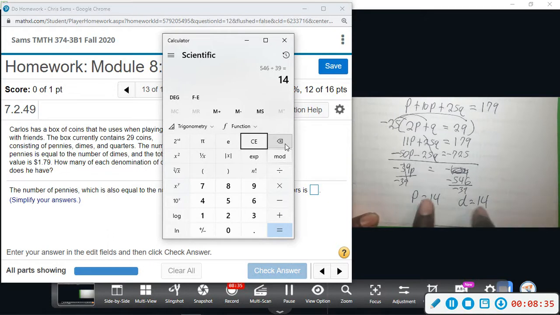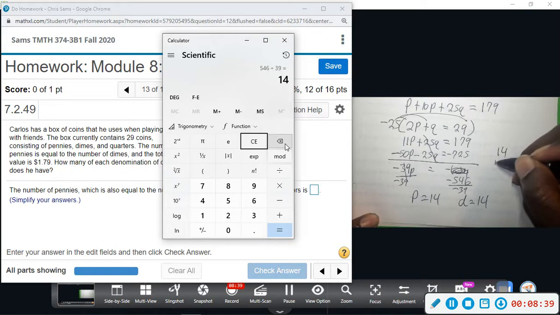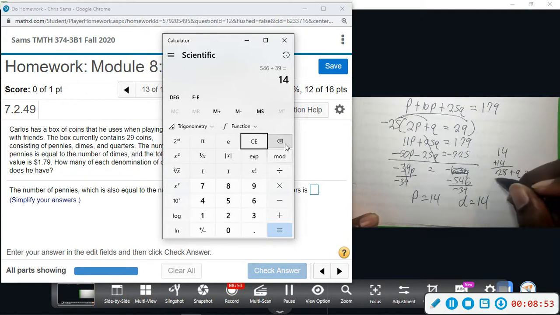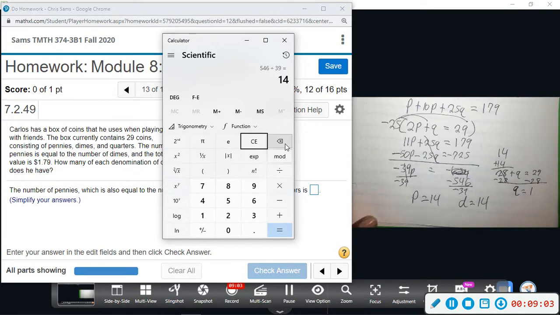Alright, if we add 14 and 14, that gives us 28. And we know that there were 29 coins altogether. So 28 plus Q equals 29. That means there has to be 1 quarter, because you subtract 28 from both sides. We get Q equals 1. So 1 quarter.